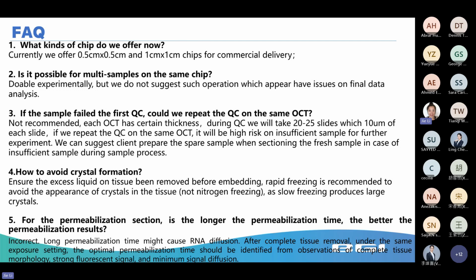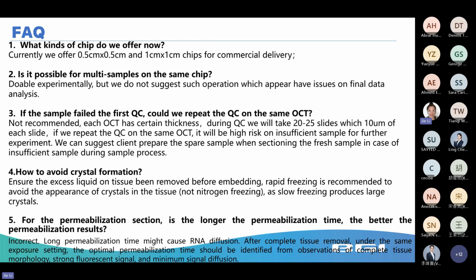If you have already taken the first QC and your sample thickness is not thick enough, we may not have enough sample for the later experiment. So it's also doable, but not highly recommended.